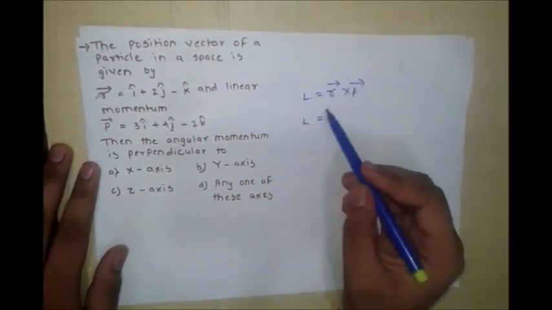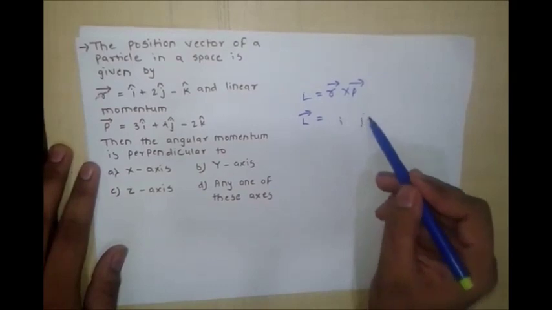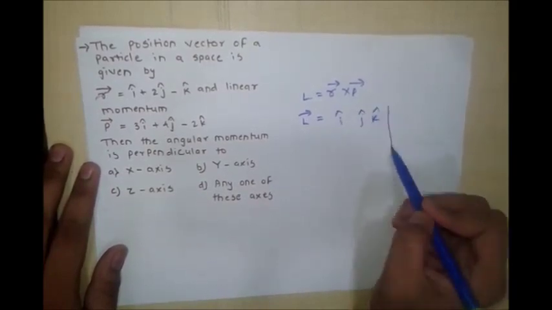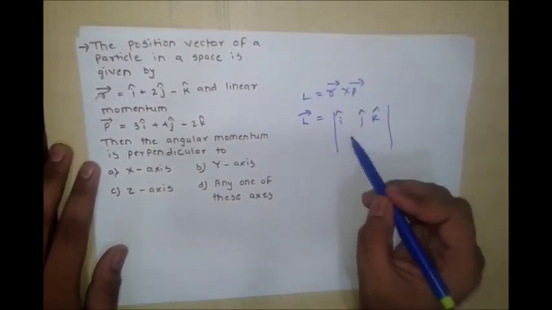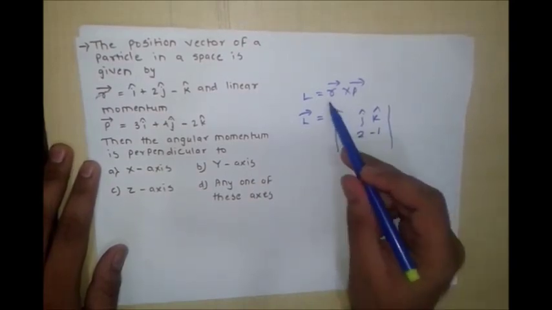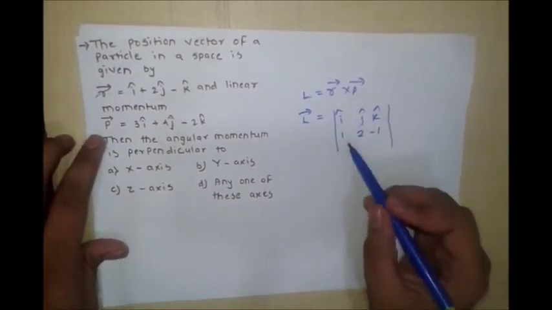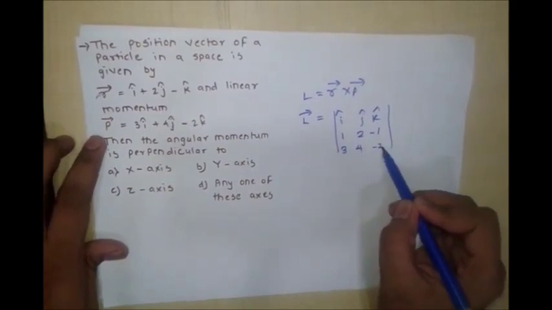So L is equal to the determinant of i cap, j cap, k cap, upon 1, 2, minus 1, the values for r, then p, that is 3, 4, minus 2.